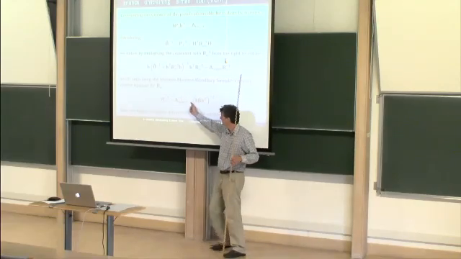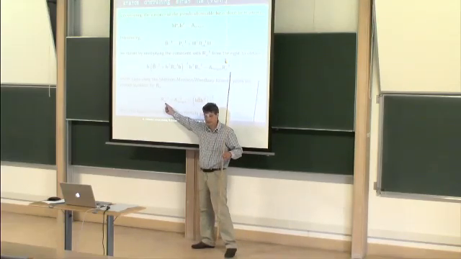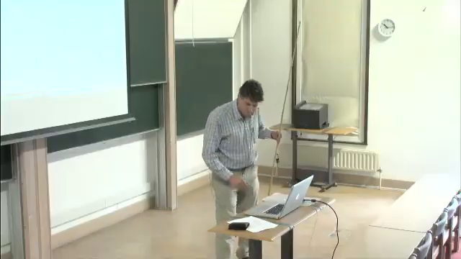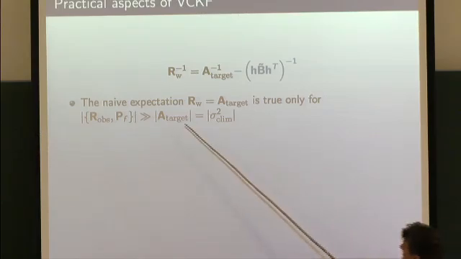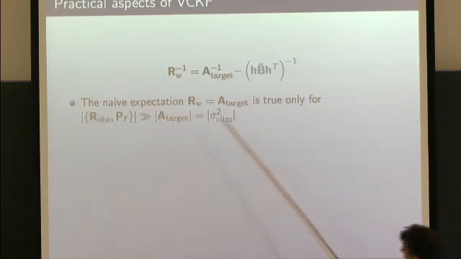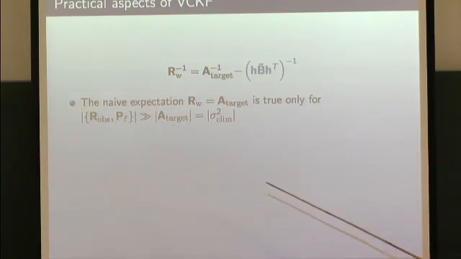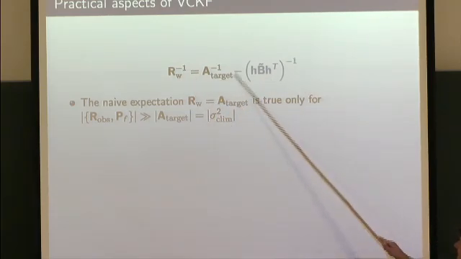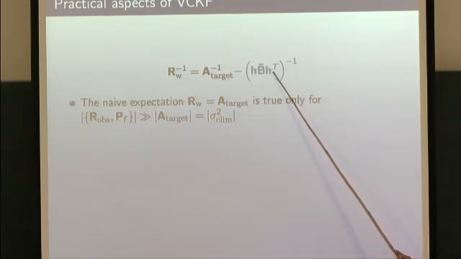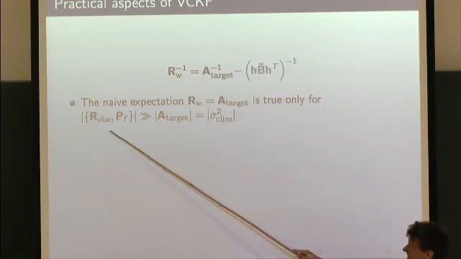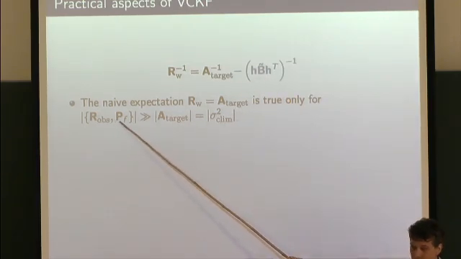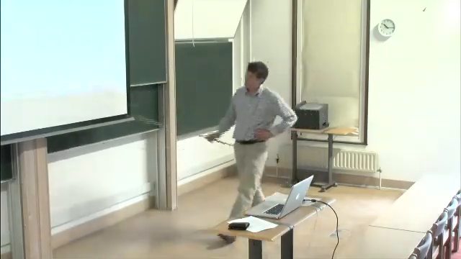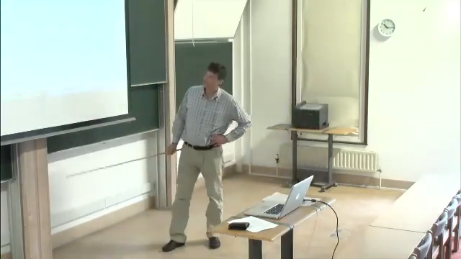There's a minus here, so potentially this can be negative. That's not right. Error covariance can't be negative. But let's first discuss our naive expectation that this Rw is just a target. That's only possible if this term goes to 0. And that only goes to 0 if the Robs or the forecast error covariance go to infinity, are very, very large. Otherwise, that's not right.